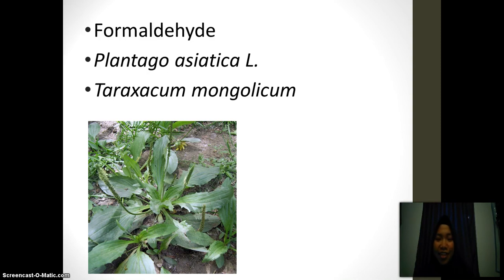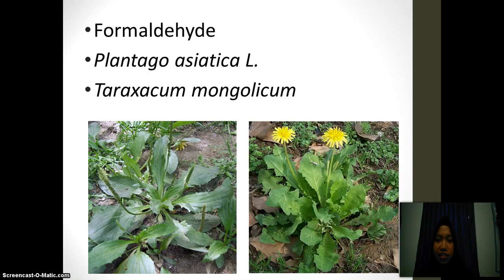Next is Taraxacum mongolicum. From the name we know Mongol, which is an ethnic group in China. So Taraxacum mongolicum is a plant from China, and usually we call it Mongolian dandelion.